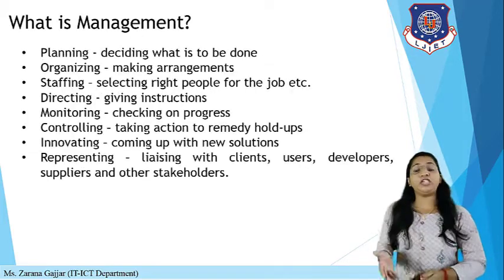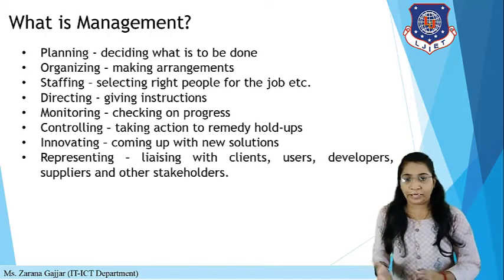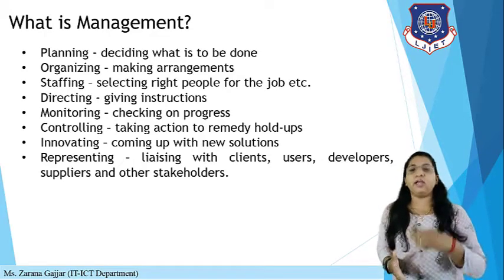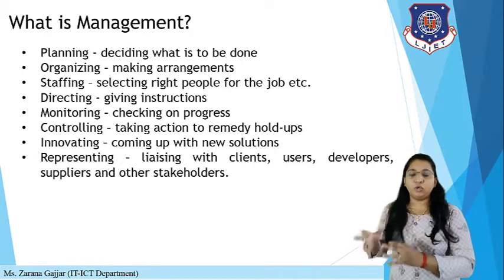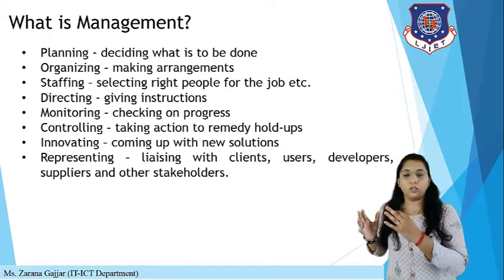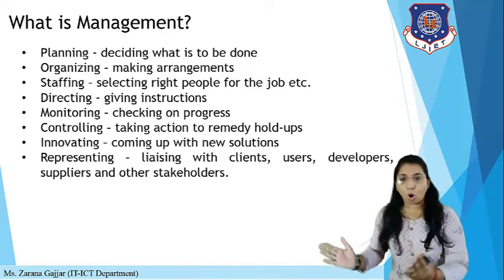Now the next definition is about what management is. Management is basically a kind of activity in which you are giving a surety to the customer that the product will come out as per the plan. So you are managing all the things.